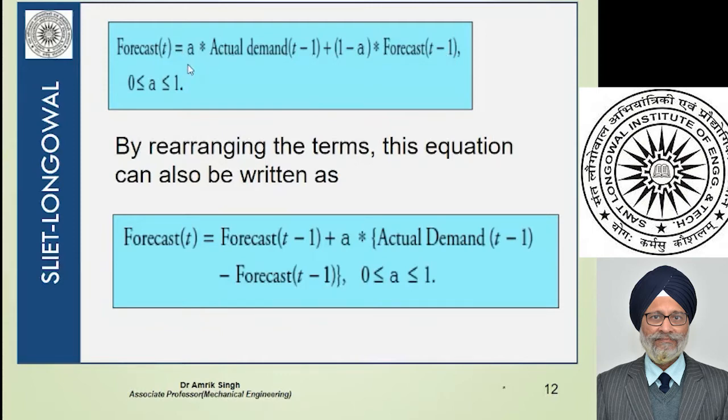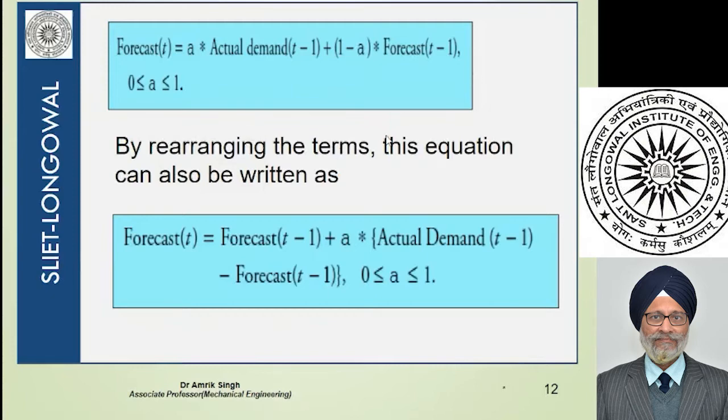We will have the value of A, and the actual demand of T minus 1, which is May, and for 1 minus A we put in its value, times the forecast of T minus 1. So instead of going beyond the recent month, we take only the recent month.